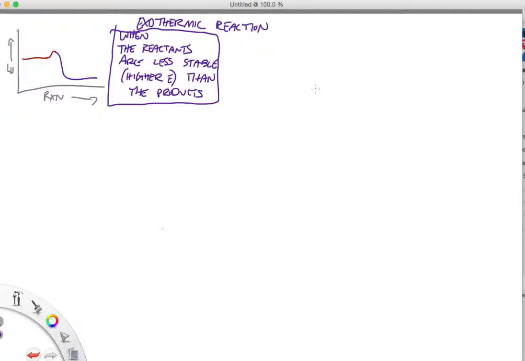So if you have this reaction going on again in a beaker on your hand, here's your hand right here. Right, that's a hand, trust me. This thing's going on in your hand, and you feel something going on. What do you feel here? There's a little beaker. You've got the reactants turning into products. The products are lower energy, so that means that energy is exiting this system.